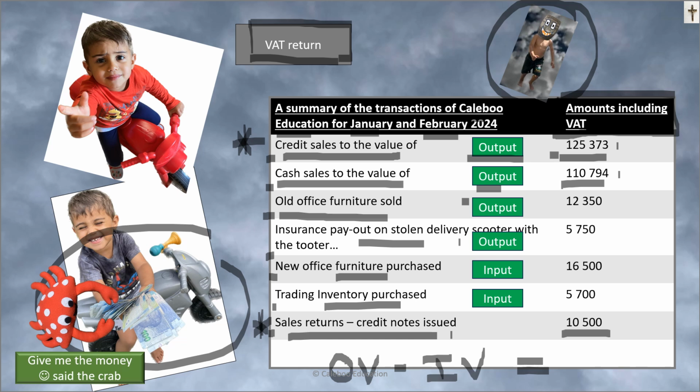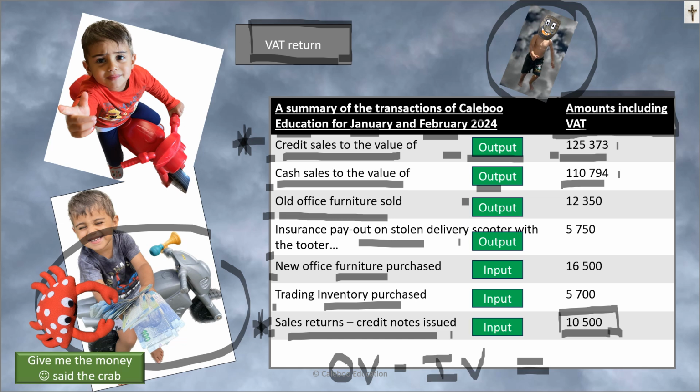I'm going to reverse the output VAT, because basically, let's say these sales were cancelled. So I'm not going to pay output VAT of that 10,500 with regard to the returns. I'm going to reverse it, and I'm going to go and debit input VAT.